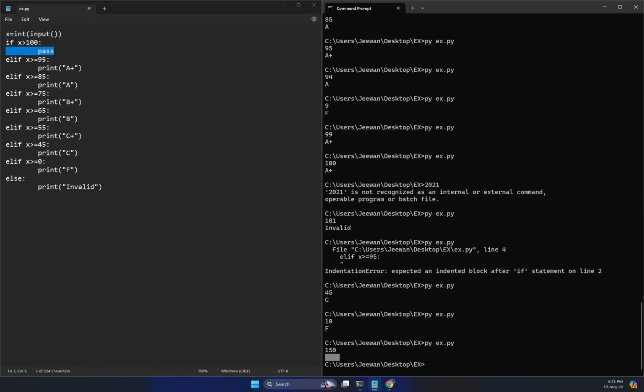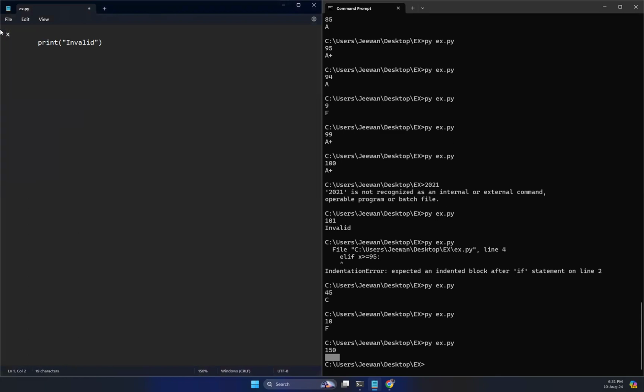Okay, we'll use the round method. For an example, let's say we have x equals 15 point something, and if you want to round this, then you could use the round method.